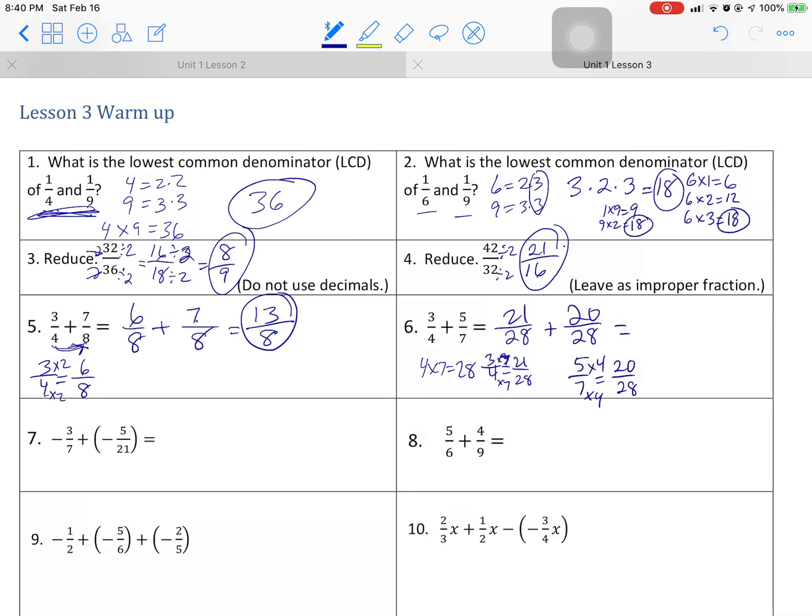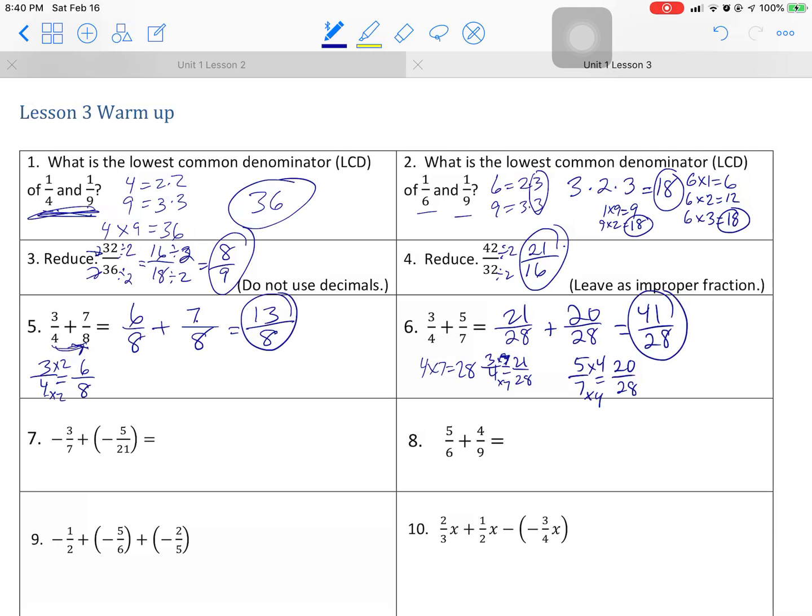All right, so instead of 3/4, I have the equivalent, I upsized it, okay, to 21 over 28. Instead of 5/7, I upsized it and made it 20 over 28, right? And then I could add across the top and get 41 over 28, and I don't think they have any factors in common.